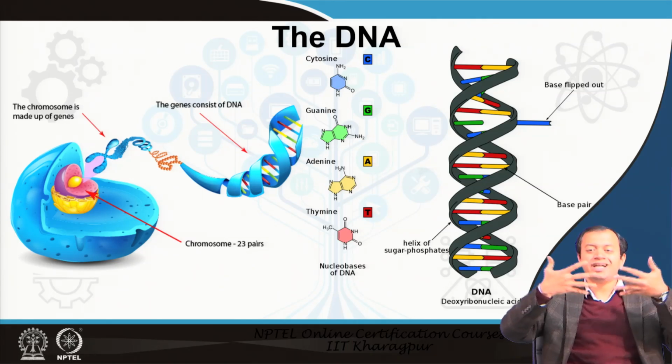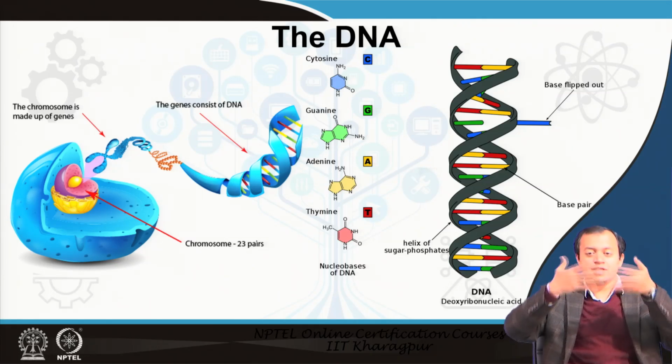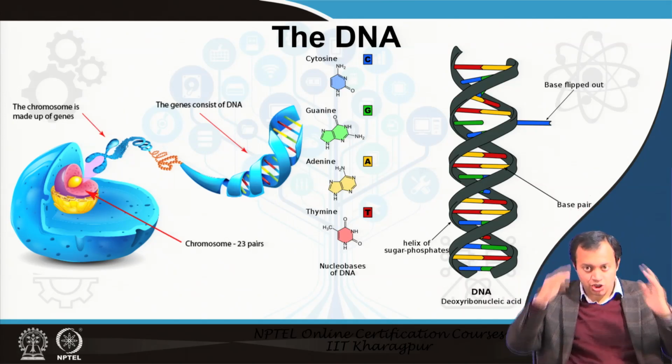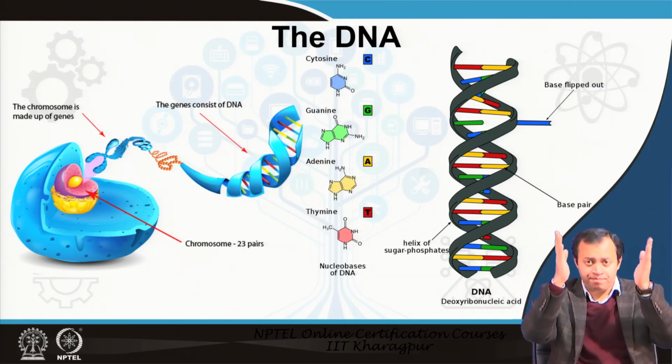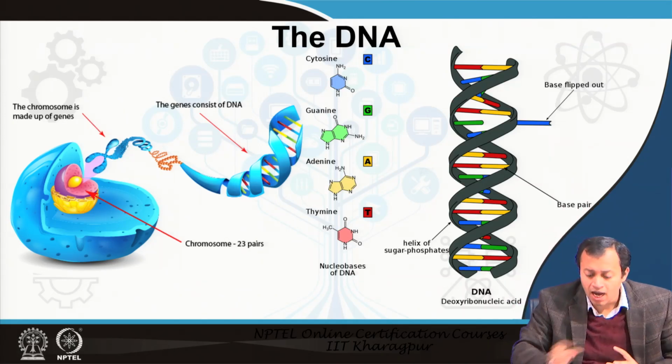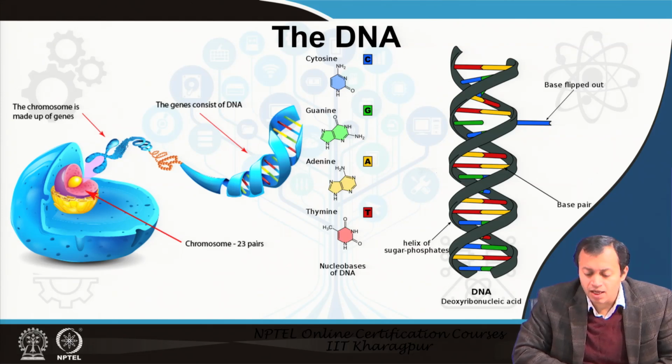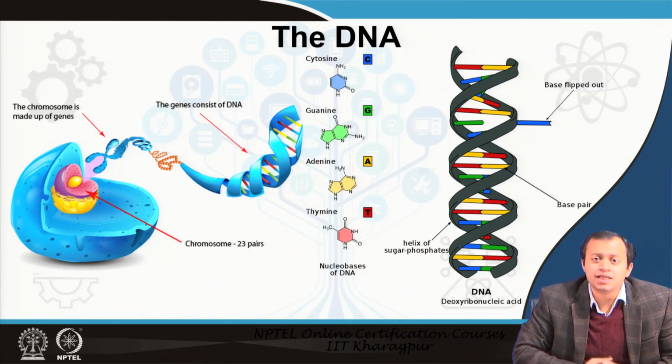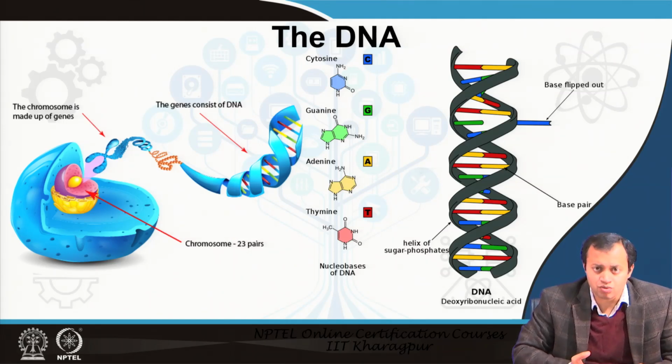The teeth of the zipper are like the bases, and the structure and the frame holding them are the sugar phosphate backbone. So, that is the DNA, and it is known that DNA transfers genetic information from one generation to another.